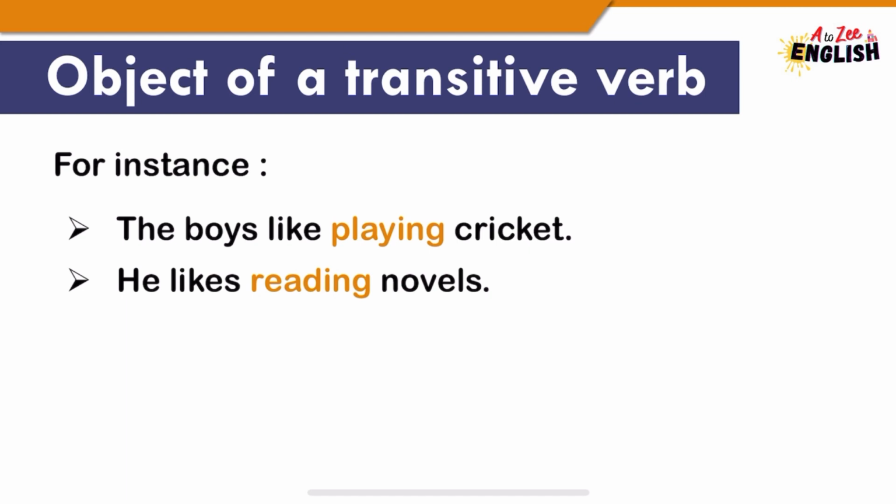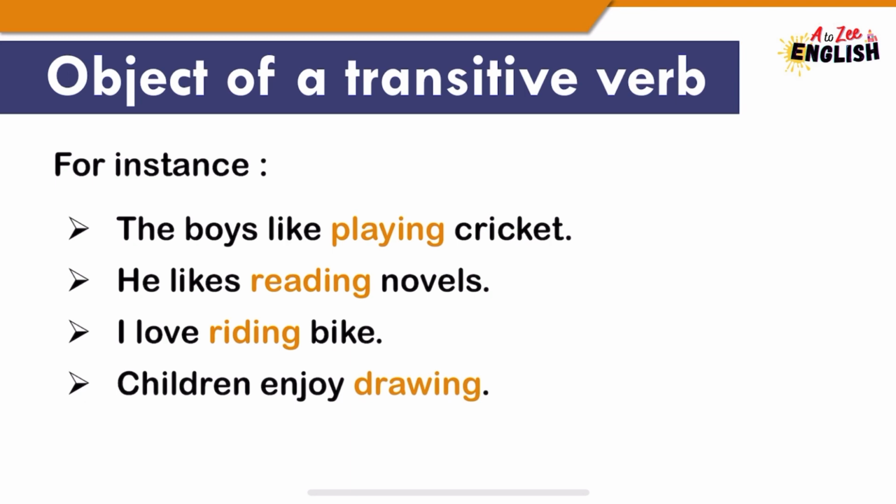Here reading is the object of the transitive verb and it is a gerund. I love riding bike. Another example is children enjoy drawing. So in all these examples, playing, reading, riding and drawing are gerunds.